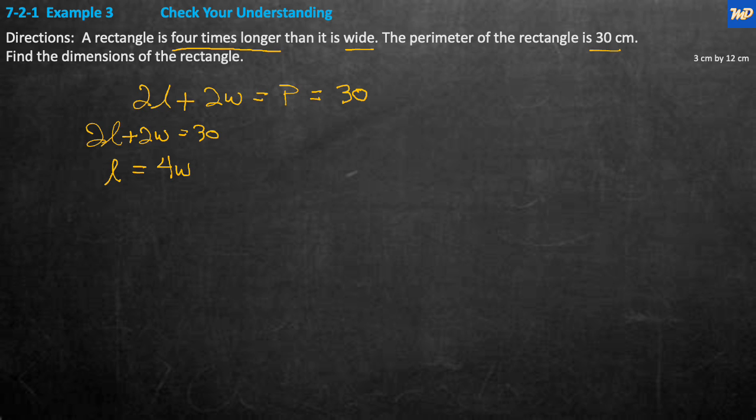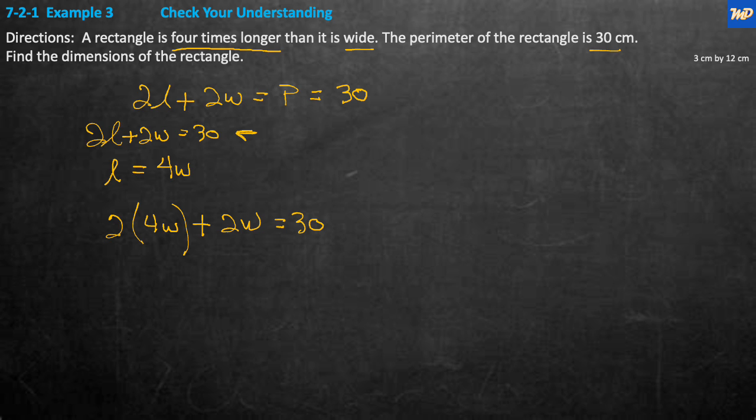So why don't we take the 4W and substitute it in for L in this equation up here? So now we're going to get 4W is the L, so 2 times 4W plus 2W is equal to 30.